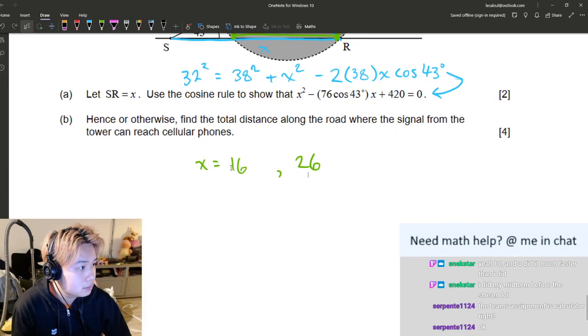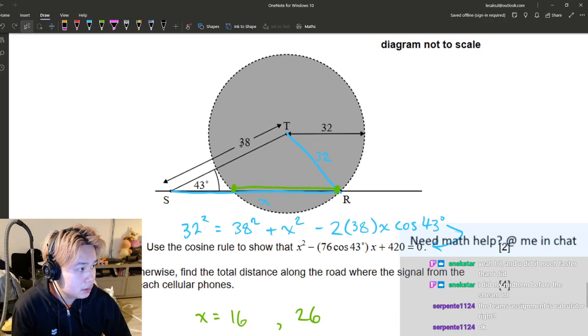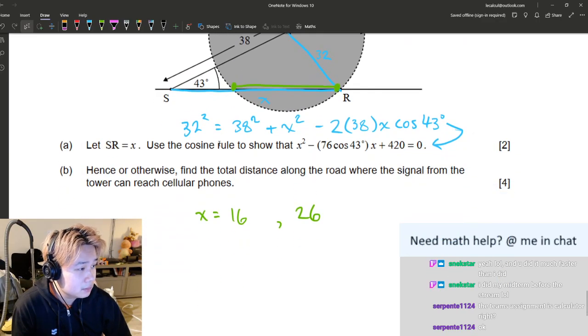Okay, so clearly we have an issue because there's two answers. And there should only be realistically one distance from S to R.